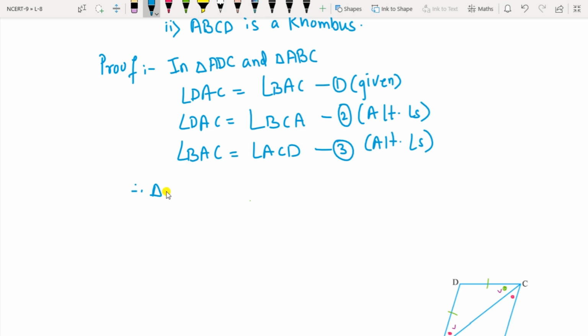Therefore triangle ADC will be congruent to triangle ABC by the angle axiom.